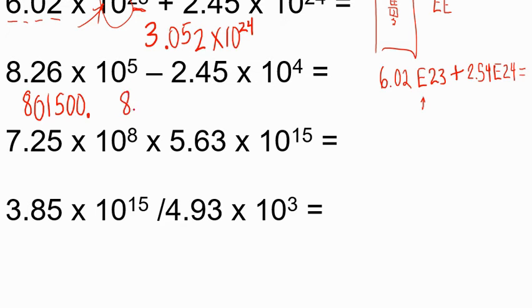So when I write this out, what am I going to have for my exponent here? 5, because that's how many times I moved it, and I moved it to the left, so this is a positive value. Everybody cool with that?